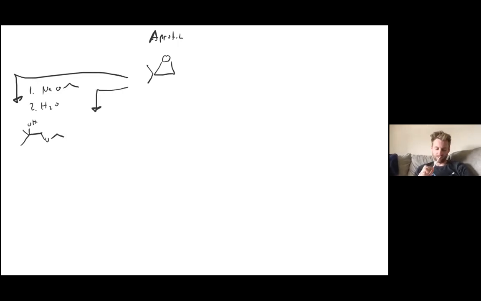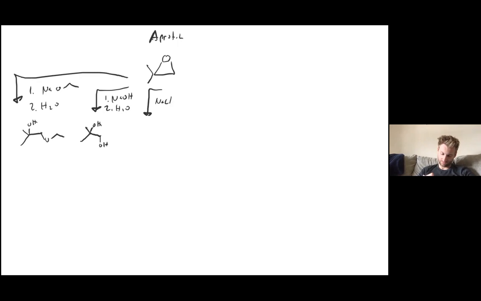We can do this with water. We didn't really talk about this. So this would be NaOH. Going to still give us the same answer. We can do NaCl. NaCN.